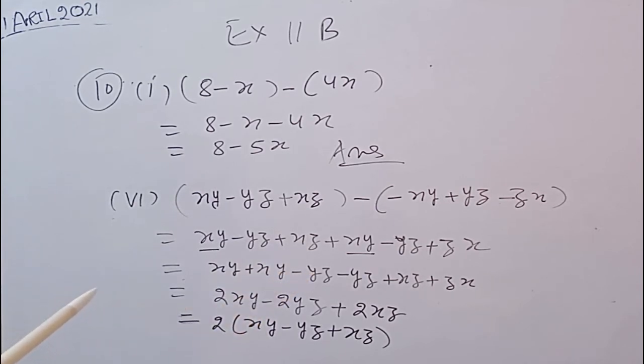Now connect the like terms: xy plus xy, minus yz, plus xz plus zx. xz or zx are the same, so add them together. So we get 2xy minus 2yz plus 2xz, and taking 2 common, the answer is 2xy minus yz plus xz. So in that manner you will do question number 10. Do the rest of the parts the same way.